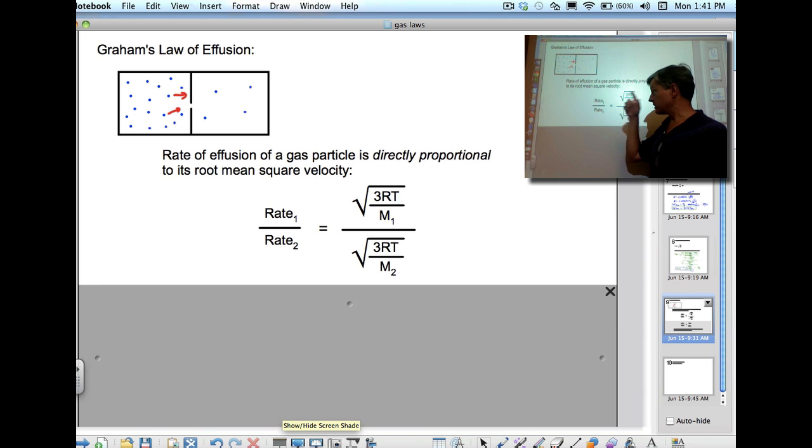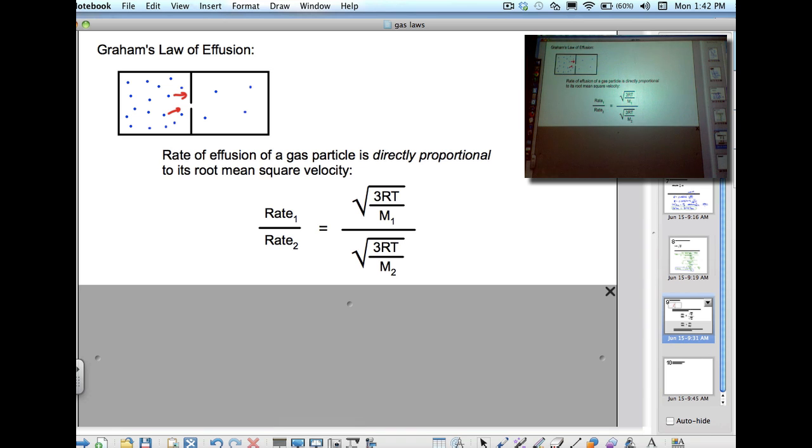We can calculate the rate of effusion of gas 1 compared to gas 2 simply by dividing their root mean square velocities. That's a pretty ugly equation, and I'm not even sure if I know what the temperature is, but is there any way to simplify that? Yeah, so all of the 3RTs are going to cancel, and then when you take the square root, you're going to end up with 1 over M2 and 1 over M1, so those are the reciprocals.